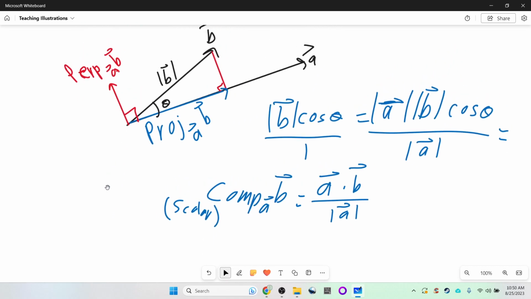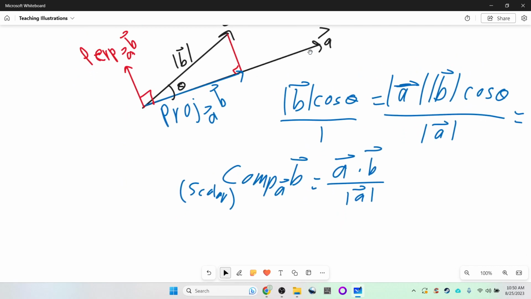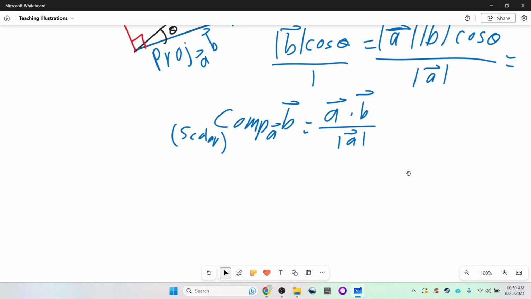Now, what is the vector itself? Well, our rule that we talked about before is if we know how long a vector is, and we know what direction it is, we rewrite that direction as a unit vector and multiply that. So we want the unit vector A over length of A times this component.